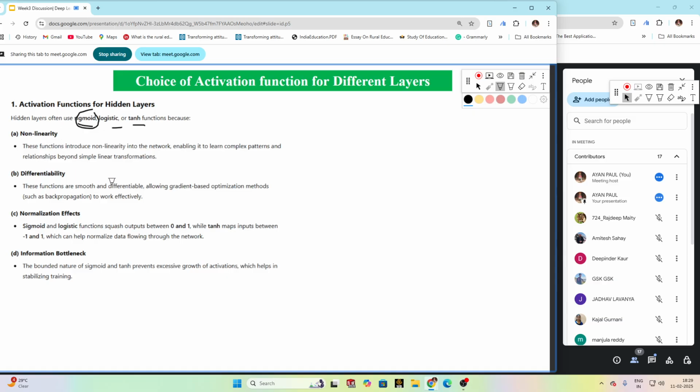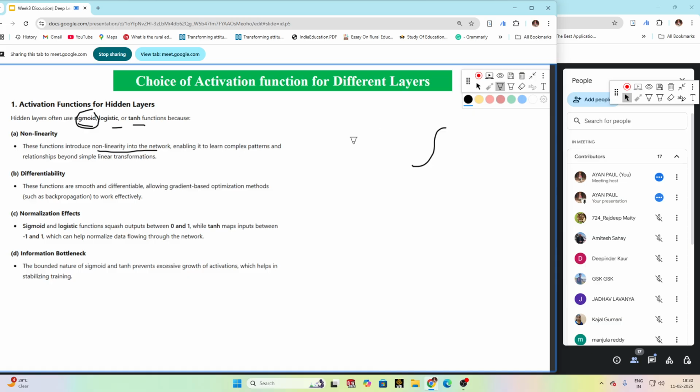One is non-linearity. We want non-linearity, because the more non-linearity we have, the more complex patterns we can learn from the input. So that is why we use the logistic and tanh functions. Another thing, as the sigmoid function forms an S curve, it is differentiable at every point.